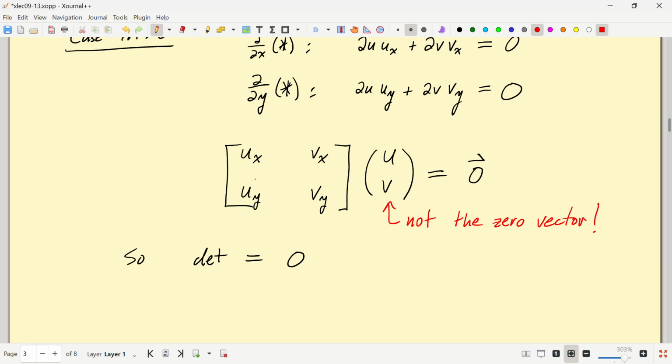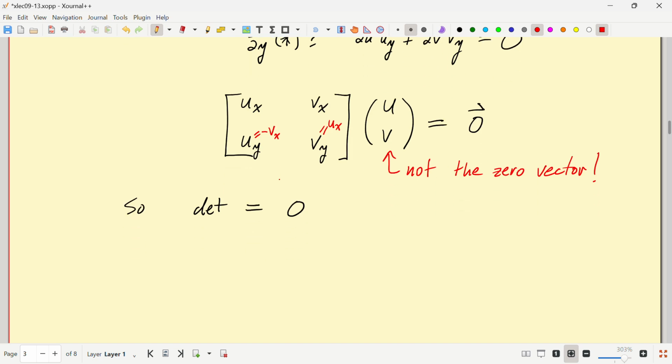Well, let's see, du dx is equal to dv dy, so this one is equal to du dx. Du dy is equal to minus dv dx. Okay, and look at that. That determinant is du dx squared minus dv dx squared, so it's important to use Cauchy-Riemann equations somewhere.